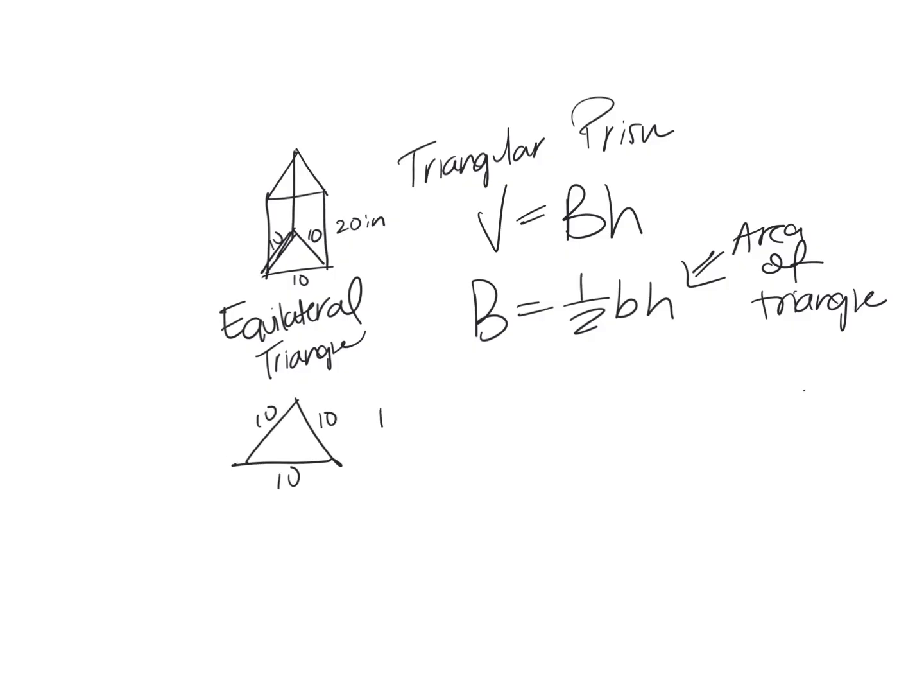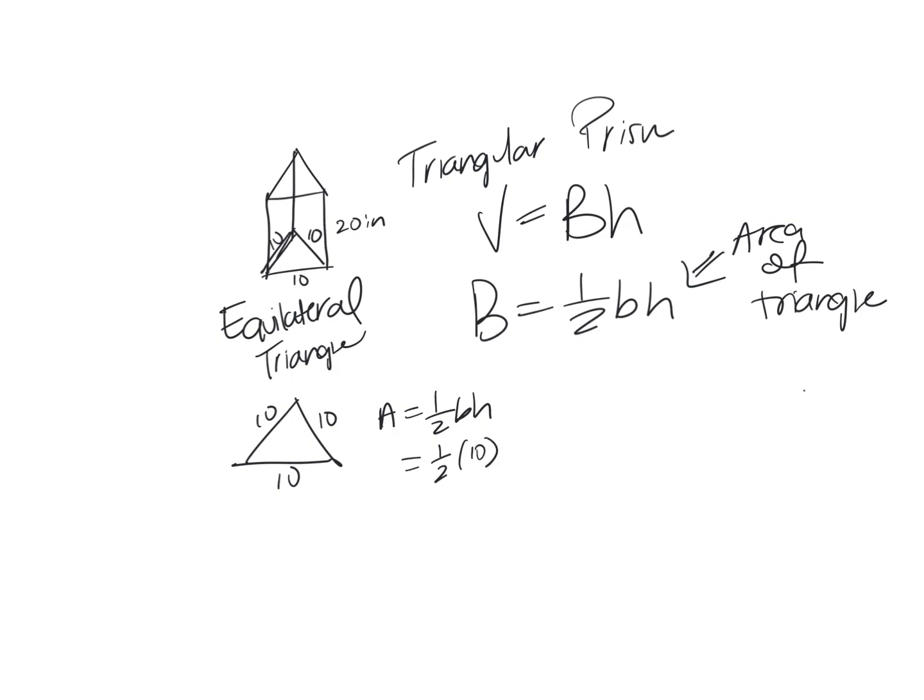Now, we have to use this formula, A equals 1/2 BH. What is the height of, let's start with the base. What is the base of that triangle? 30. No, that's perimeter. What's the base? 10. Yeah, 10. So we know what our lowercase b is.